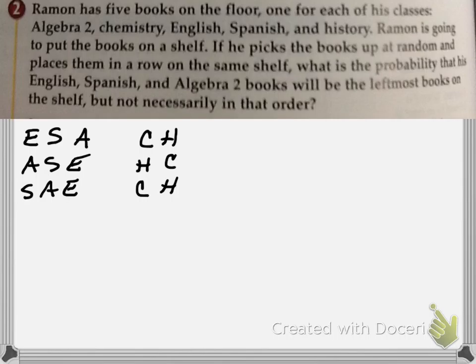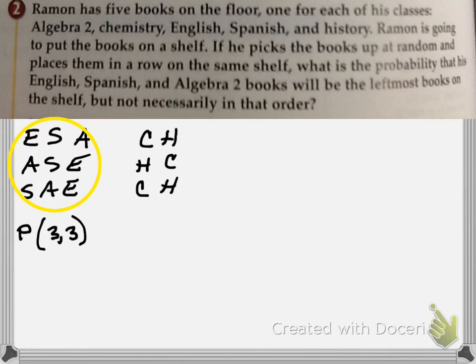So how many different ways can the E, S, and A books go on the shelf? That is 3P3. You have 3 of those, and you're putting all 3 of them on the shelf. Okay? So we're trying to figure out how many different ways can you do those books together. And then for the C and the H, well, that's 2, because how many different ways can 2 books be put on a shelf?